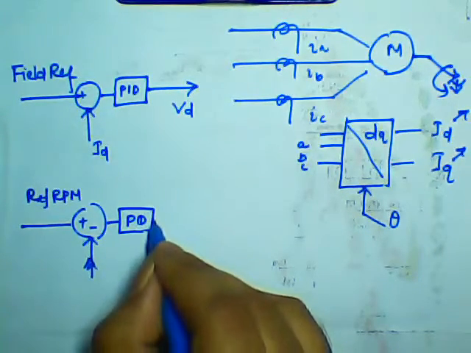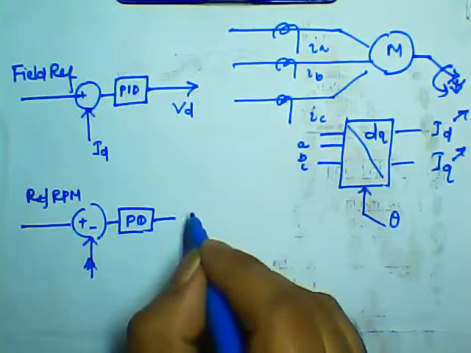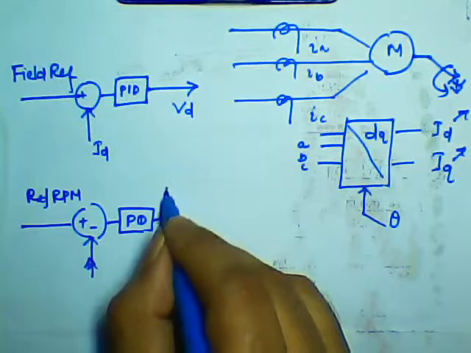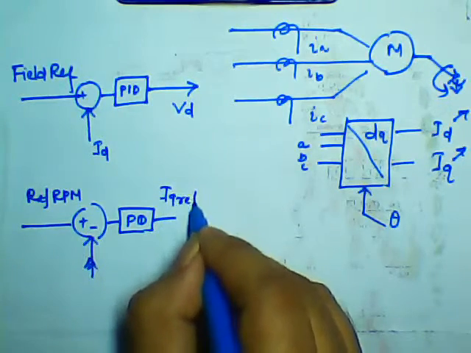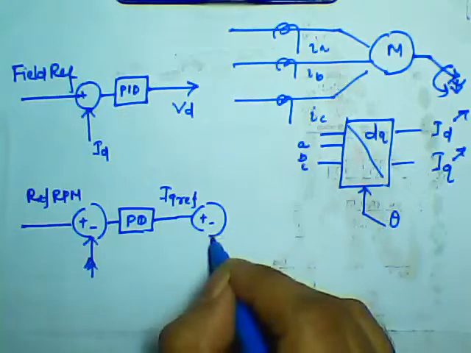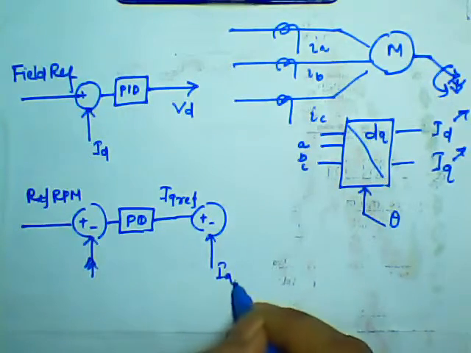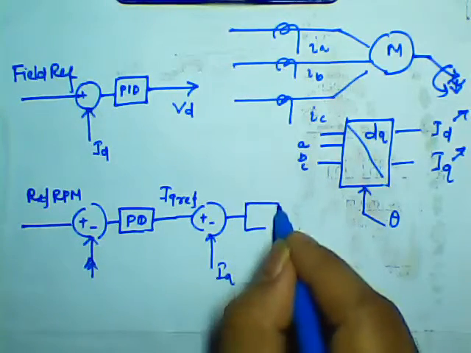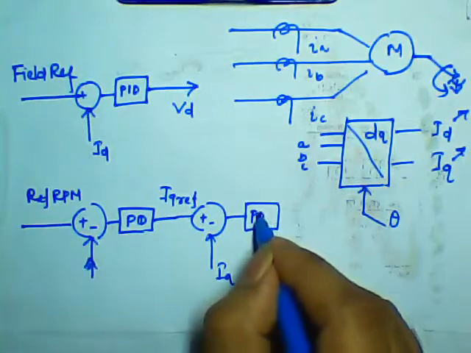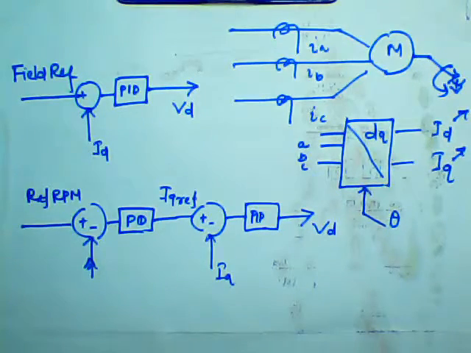After this PID, I will get the torque producing component reference, meaning IQ reference. Then this is again compared with IQ, and again there is a PID, which will be tuned properly and will generate VQ.